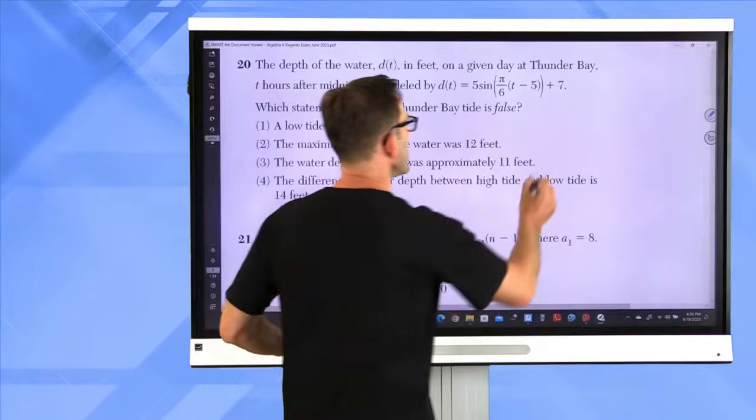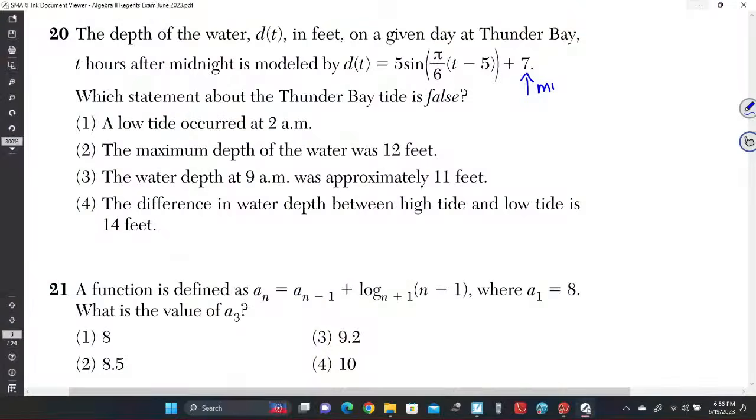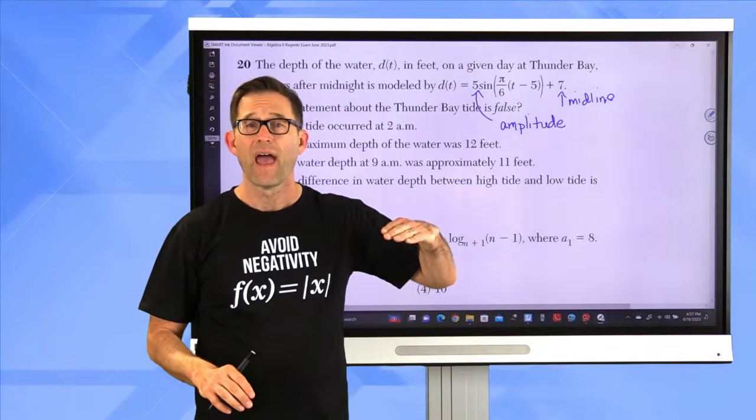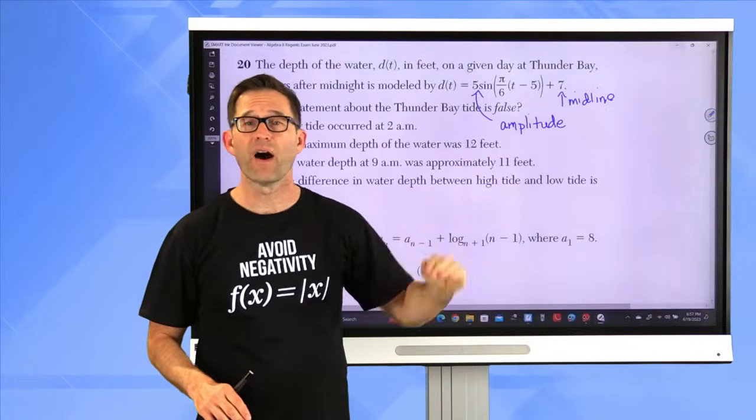The 7 is what's called the midline, all right? And the 5, or at least the absolute value of the 5, is called the amplitude. In trigonometric modeling, the idea is you've got this midline at 7, and it's going to go 5 above and 5 below.